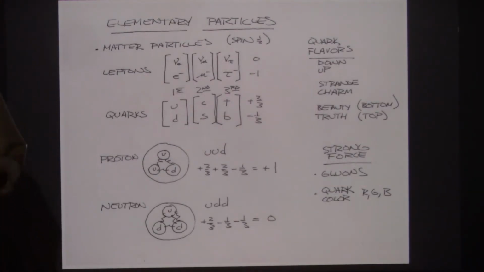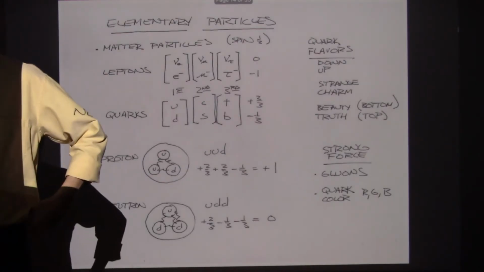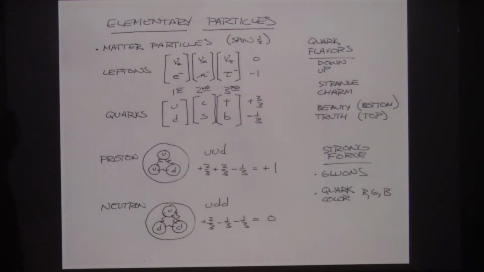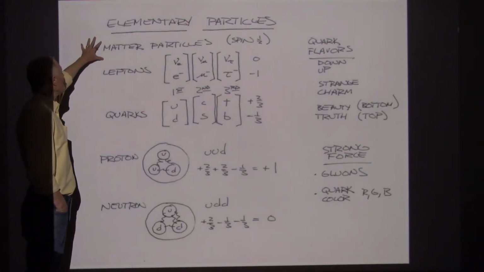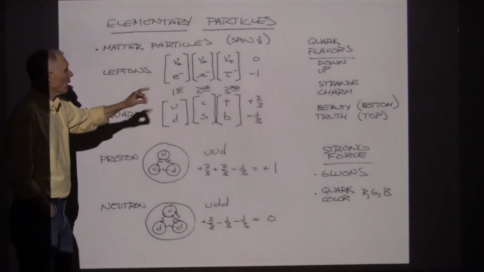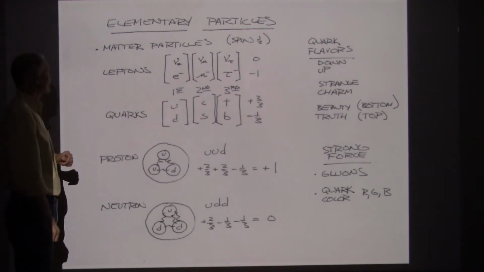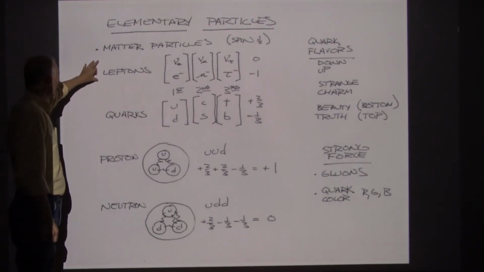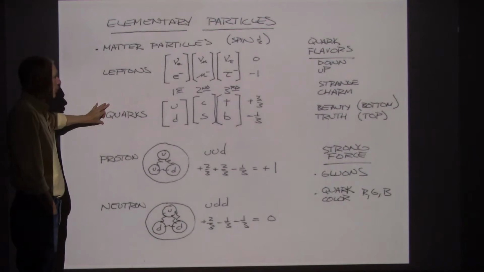So let's get into this, some real particle physics here. So let's get everything organized. So there are what we call matter particles, and these are just the matter particles. So we're going to do the forces on another sheet. Within the matter particles, there are what are called leptons, and there are what are called quarks.